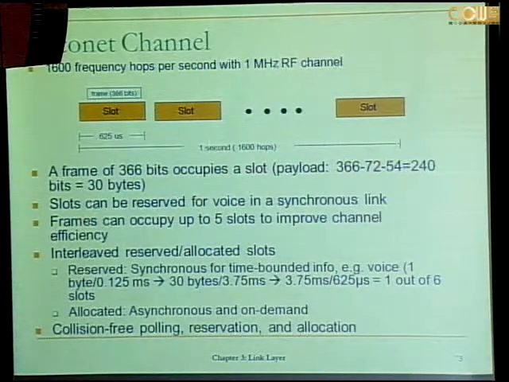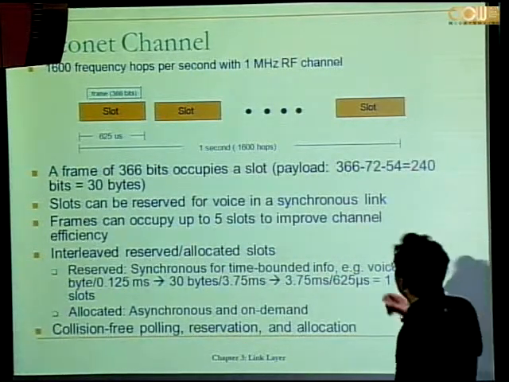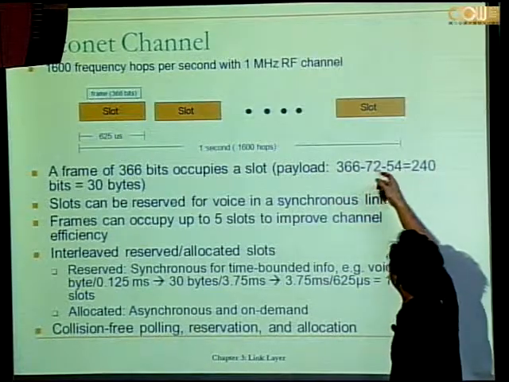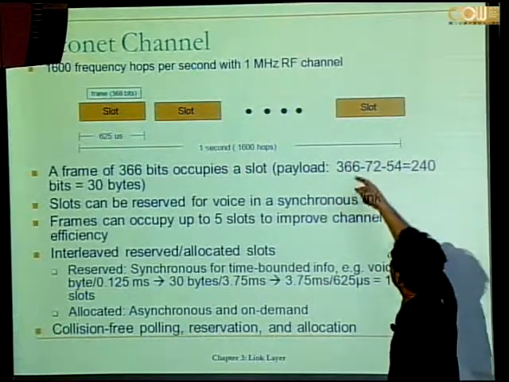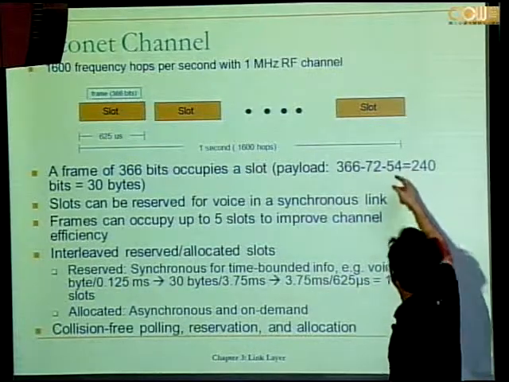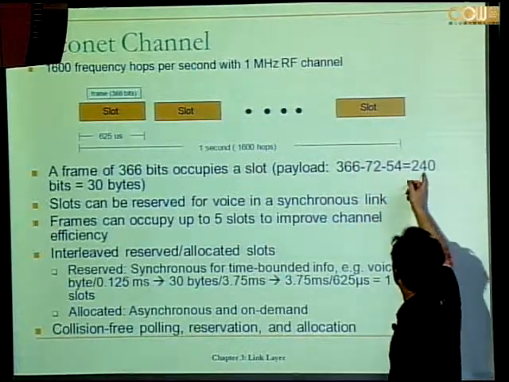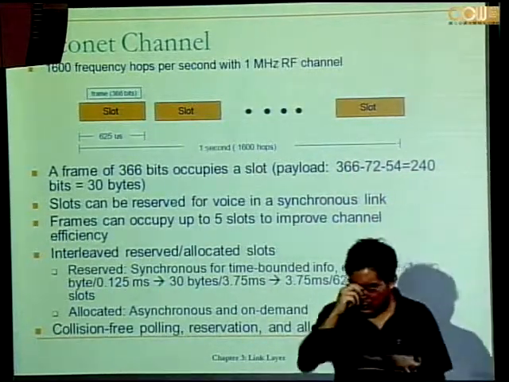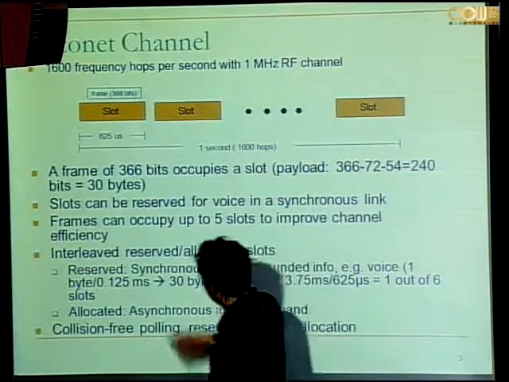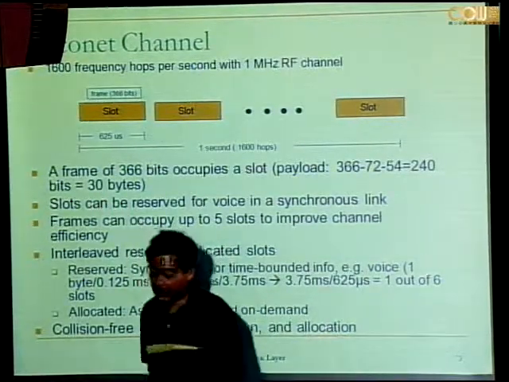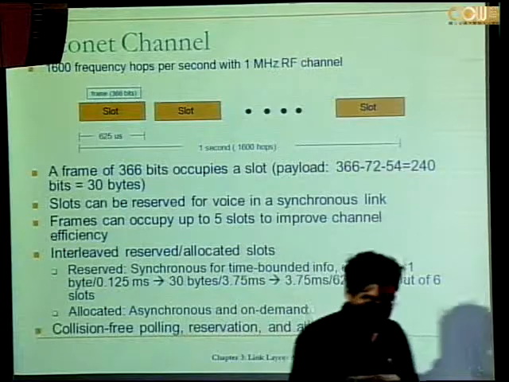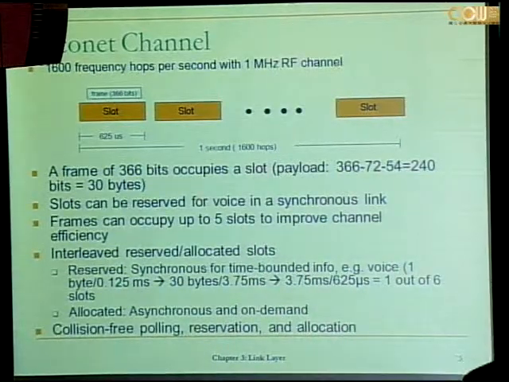And the frame also has a header of this length, so I would deduct from this. So I get 240 bits, which will be 30 bytes in a frame. So the frame size is 30 bytes.